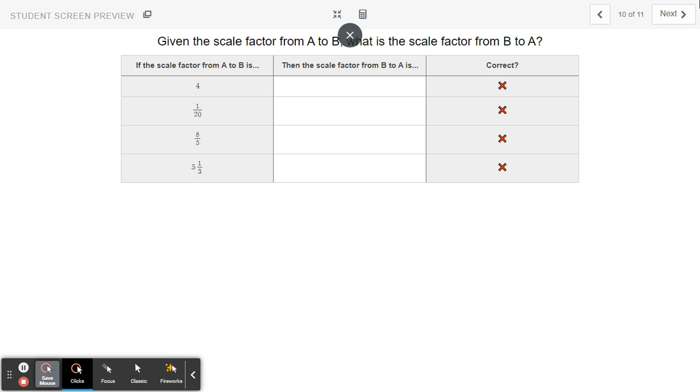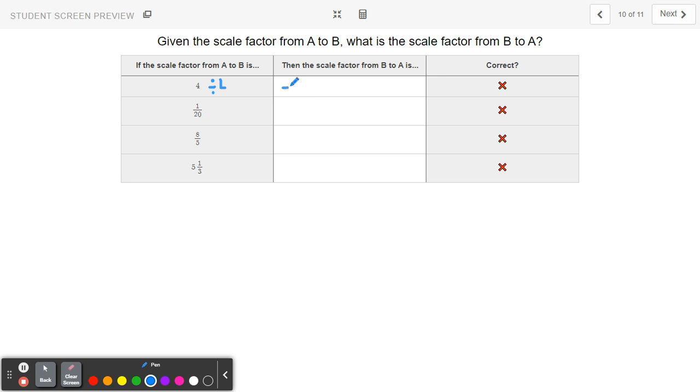All right. So let's practice this. Remember, given the scale factor from A to B, what's the scale factor from B to A? They're literally giving us the scale factors, and we have to figure out what it is going backwards. So if they give us the scale factor of 4, going backwards is the same as dividing by 4.